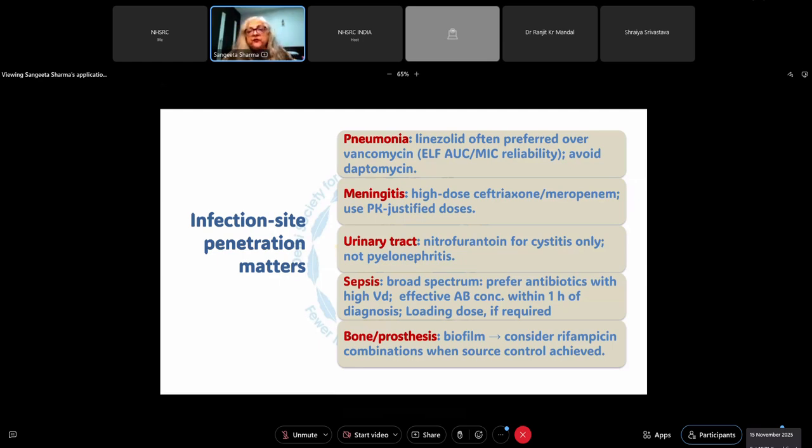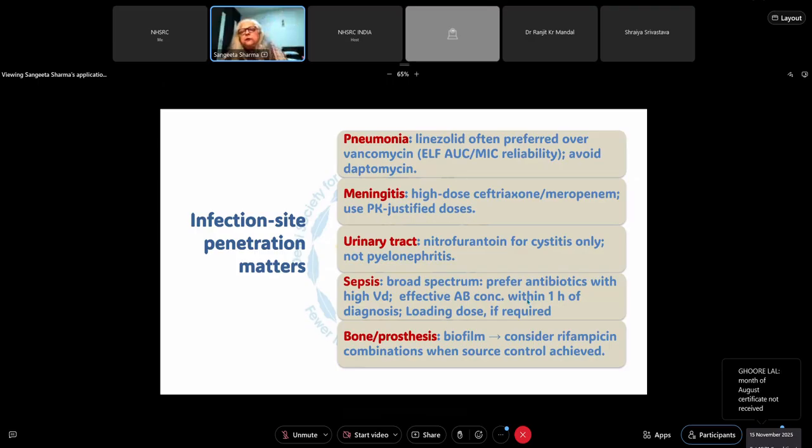In meningitis, high dose ceftriaxone is used because it cannot penetrate the meninges well otherwise. But then you have to be very careful about the seizure potential of high dose ceftriaxone. In sepsis, you start with broad spectrum and prefer antibiotics with a high volume of distribution.